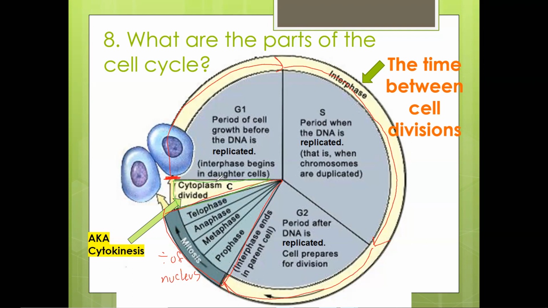Your cytoplasm, the rest of the cell, effectively. We also call this cytokinesis. So if you ever hear the term cytokinesis, it means that the cell itself is dividing there. Mitosis is the nucleus dividing. Cytokinesis is the rest of the cell dividing.